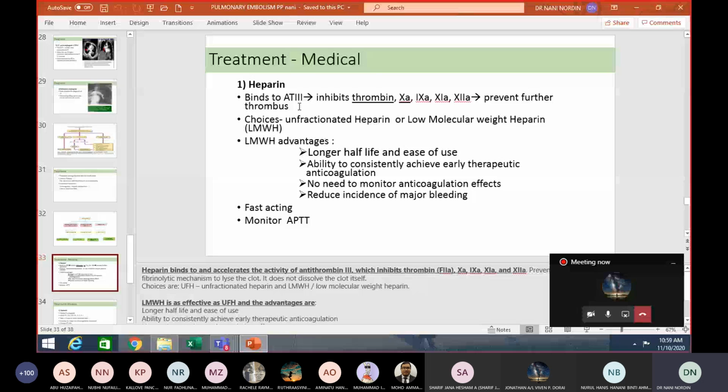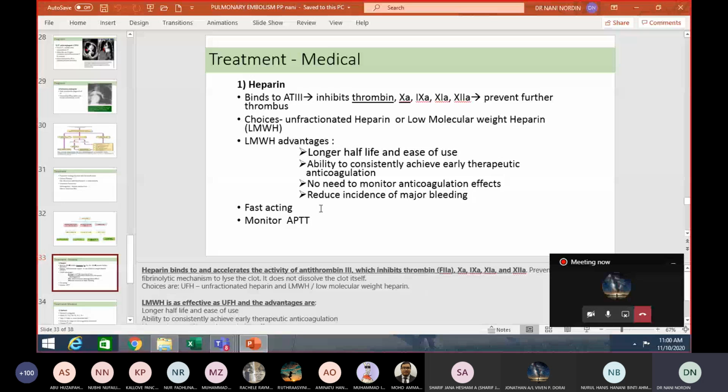So heparin binds to antithrombin 3, and it inhibits mainly thrombin, which is factor 2, and factor 10. Just remember these two. It can inhibit all of these, but mainly these two, so it prevents further thrombus. It inhibits more of your intrinsic pathway.